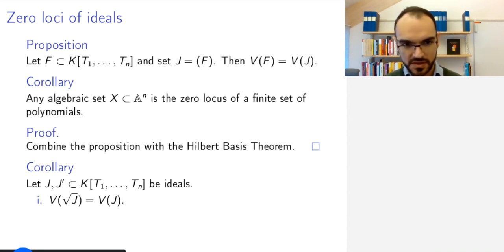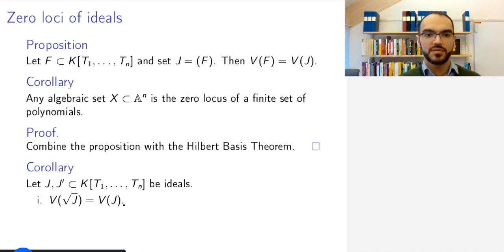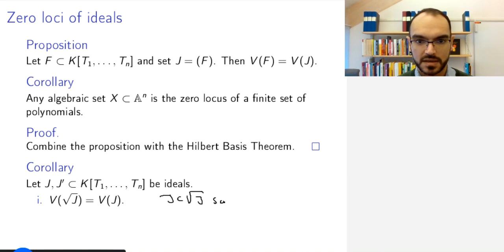First of all, let's just look at J. The vanishing set of the radical of J is the same as the vanishing set of J. So not only can we look at ideals, but we can look at radical ideals. That is already enough. And this is because J is contained in the radical of J.